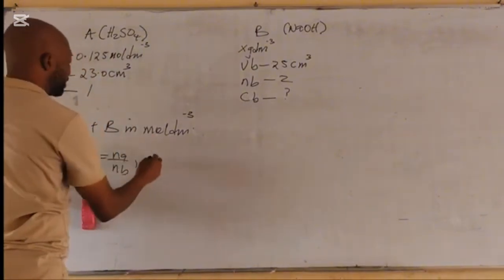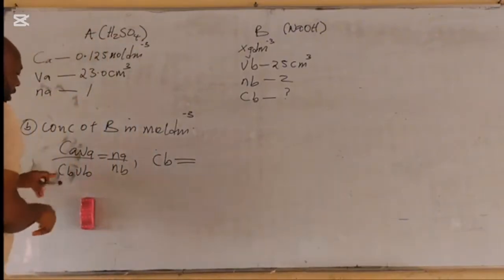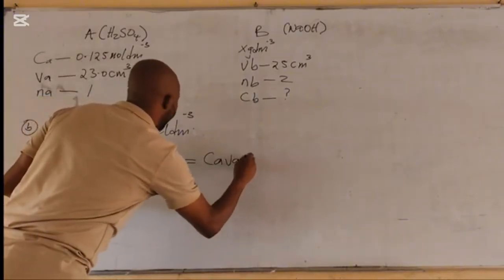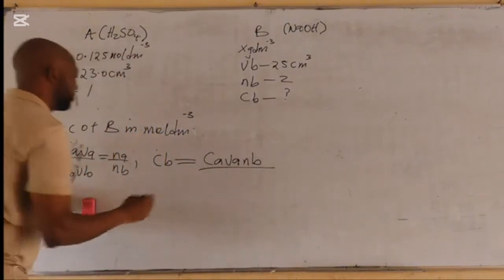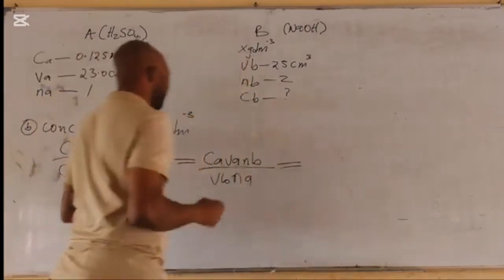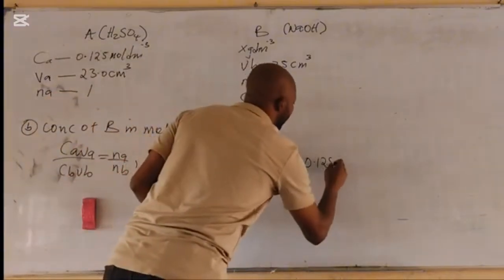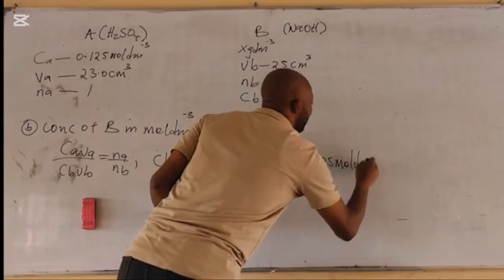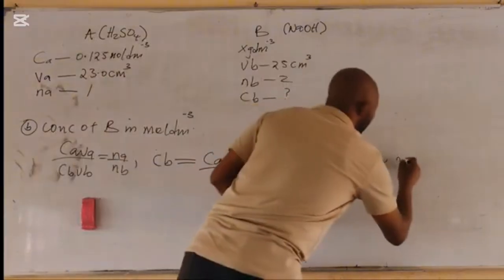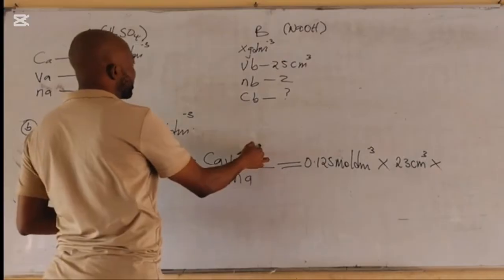Now the CB which I'm looking for, make this the subject, I have CAVANB over VBNA. And this is equals to, concentration of the acid is 0.125, so I have 0.125 mole per dm cube times volume of the acid is 23 cm cube times number of moles of the base NB is 2.